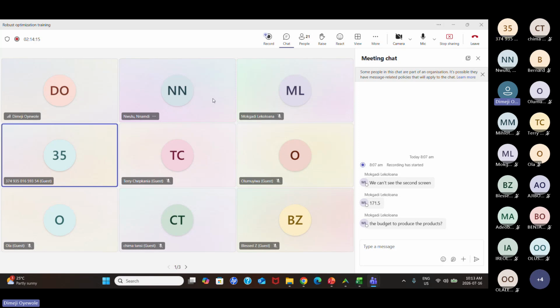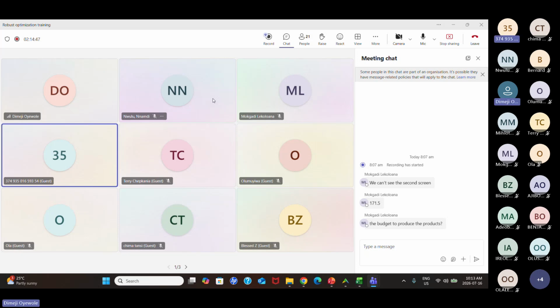For example, you have 0.2, 0.3, 0.4, 0.5, 0.25, so that solution gives you whatever is between 0.3 and 0.5, right? Robust optimization gives you the solution that satisfies. So even if tomorrow you change from 0.2 to 0.35, that solution still holds. If you change from 0.2 to 0.25, the solution still holds.